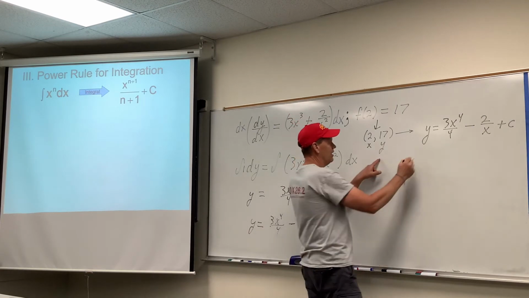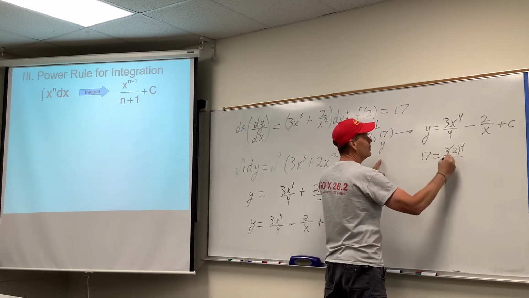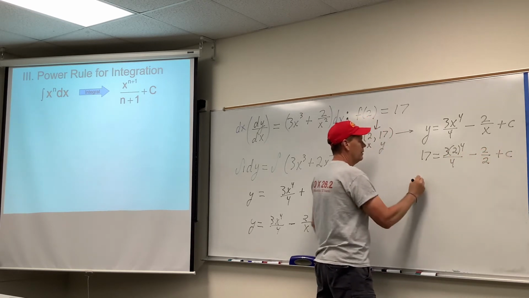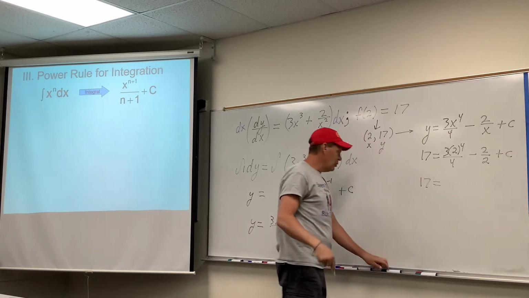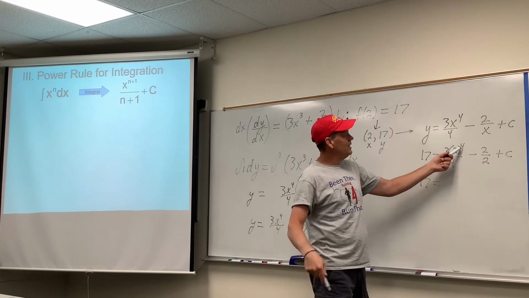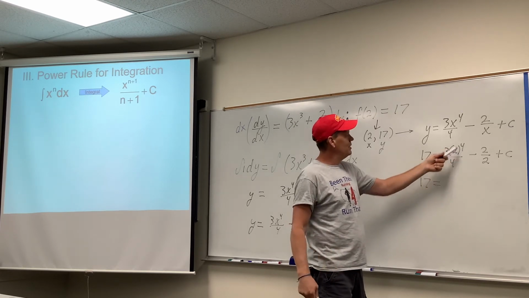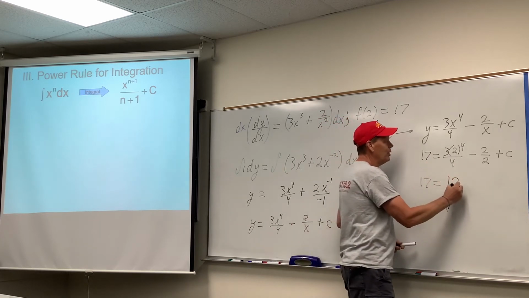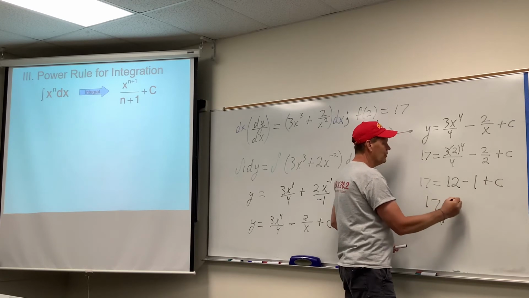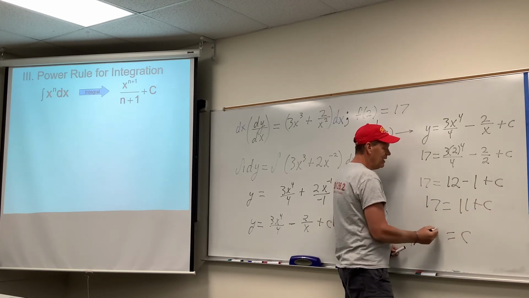So, put 17 in for y, put 2 in for x, and solve. It's mostly arithmetic here now. 2 to the 4th power is 16. 16 divided by 4, that's 4, minus 1 plus c. 17 equals 11 plus c, subtract over the 11, c would have to equal 6.